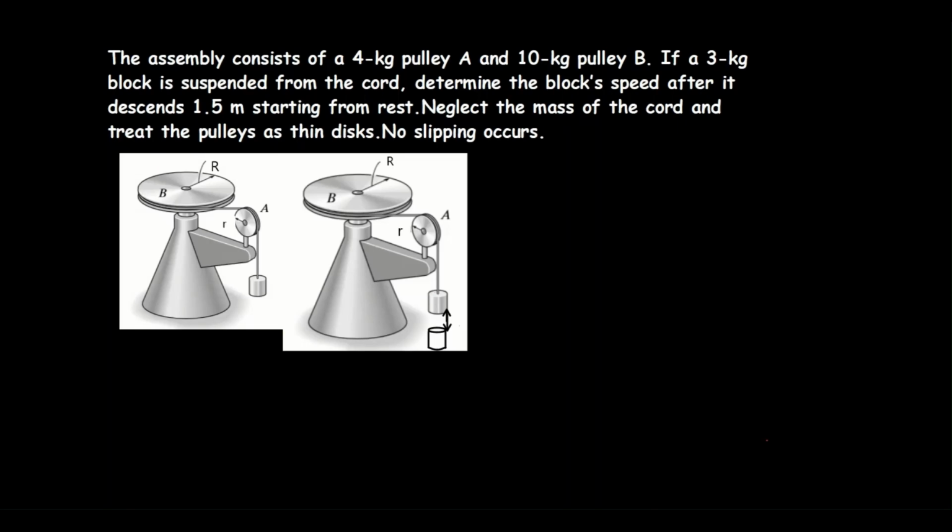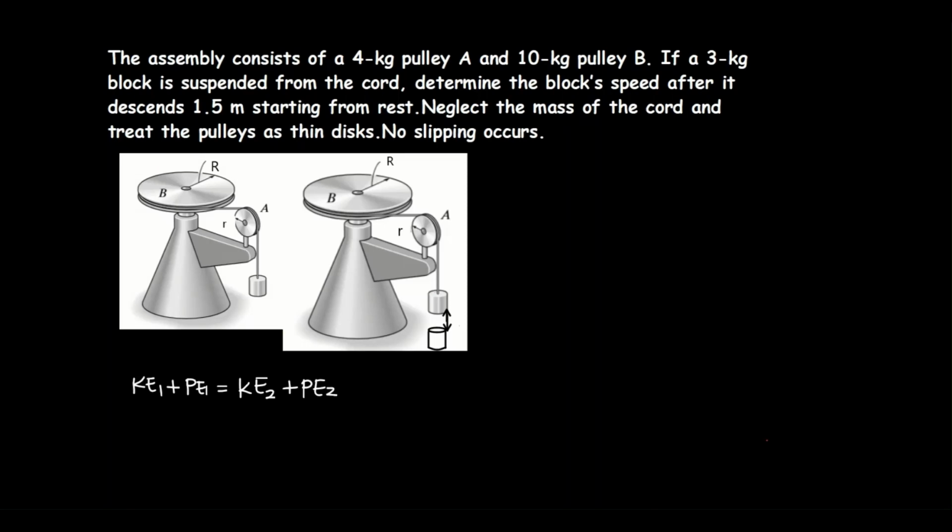To solve this question, you are going to apply the energy conservation equation. So you are going to have the initial kinetic energy plus the initial potential energy equal to the final kinetic energy plus the final potential energy.